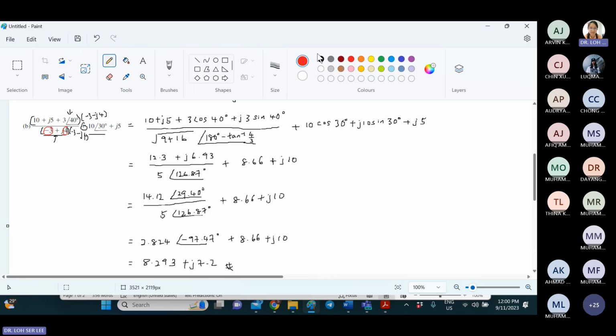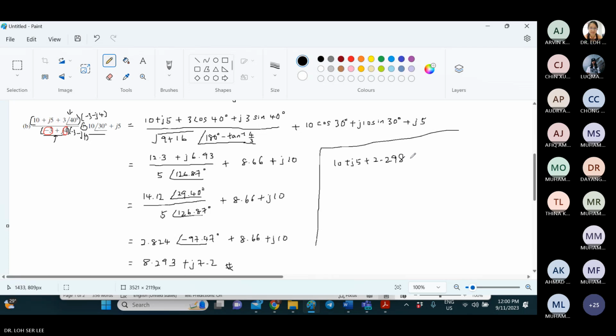If you use the rectangular form over rectangular form, it will be this one, J5 plus this one, 3 cos 40. 3 cos 40 is 2.298.